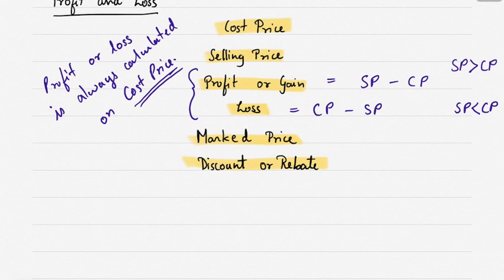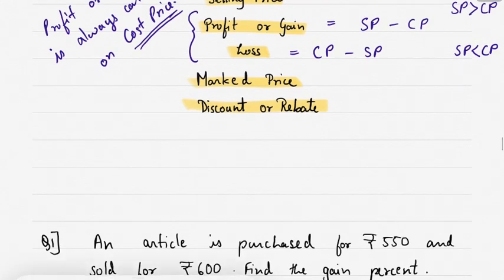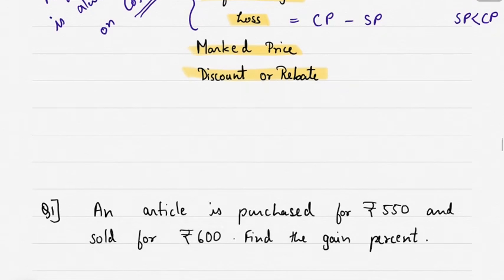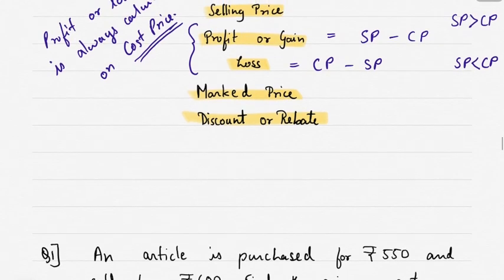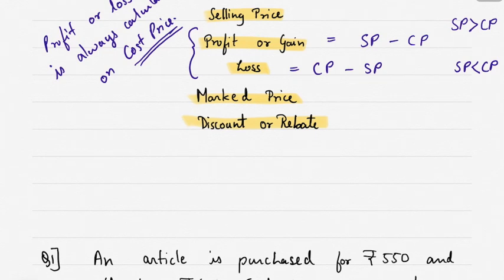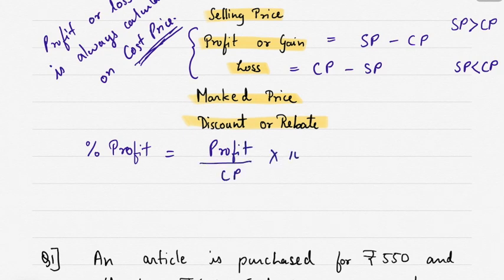So let's see the basic formulas used in profit and loss. One is profit is equal to selling price minus cost price, loss is equal to cost price minus selling price. The other formulas: percentage of profit is equal to, it is always on cost price, so profit upon cost price into 100.